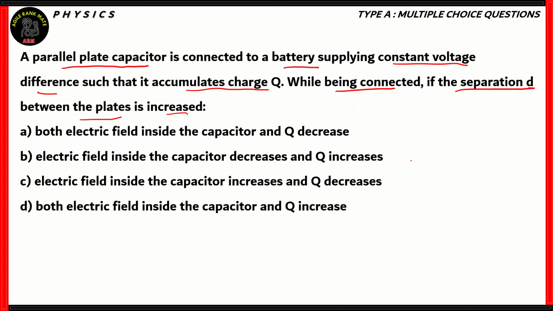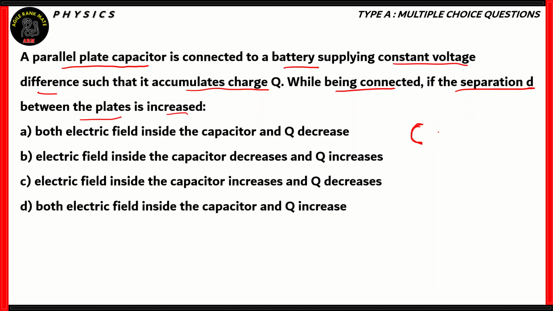So, in order to solve this question, we would need to relate the capacitance with the separation, and for that we also need to understand whether the electric field increases or decreases with respect to the distance.